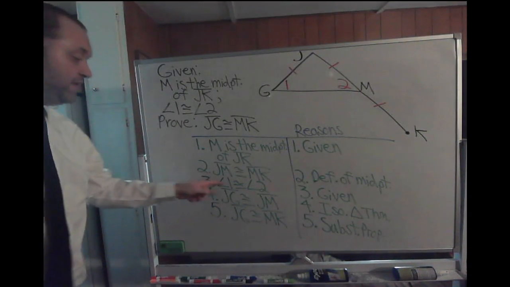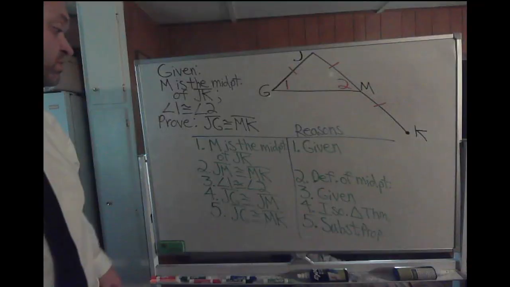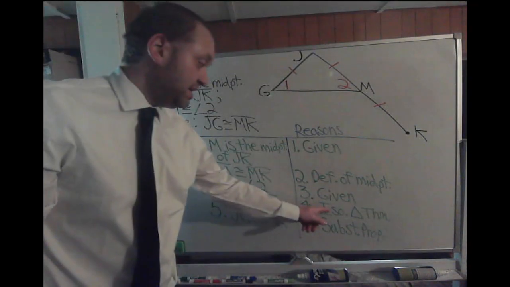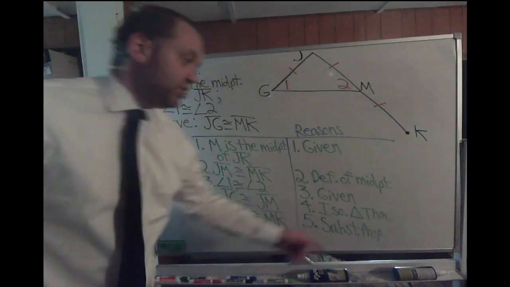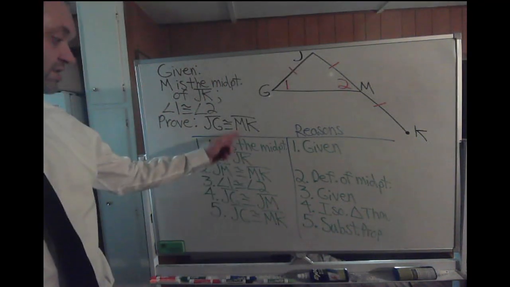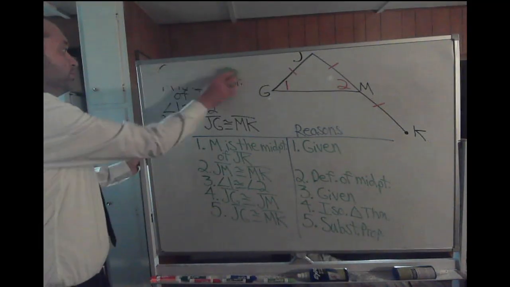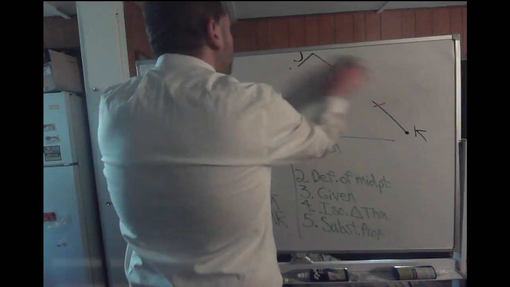And then we use the fact that angles 1 and 2 are congruent, that they were given to us, which would mean that JG is congruent to JM by the isosceles triangle theorem. And then by simple substitution, we can conclude that JG is congruent to MK. So, also not that bad of a proof. I got one more proof and then we're done with the lesson.